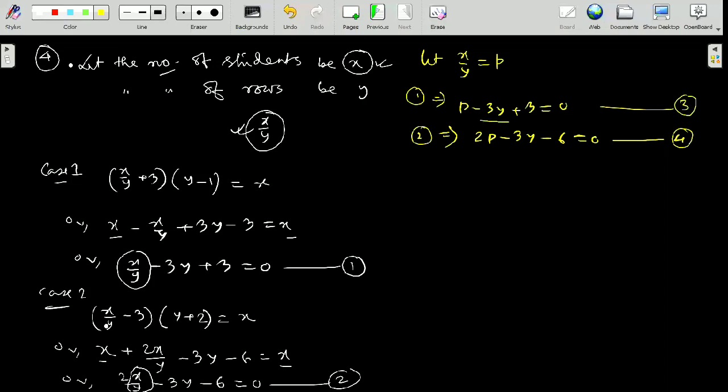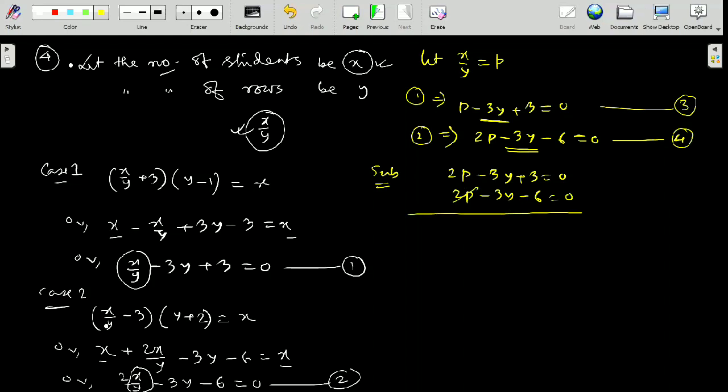Watch carefully, the coefficients of y in both the equations are minus 3 and minus 3. So you have to subtract, obviously. Let me write this: p minus 3y plus 3 is equal to 0, and twice p minus 3y minus 6 is equal to 0.